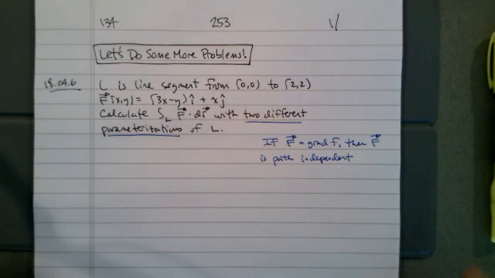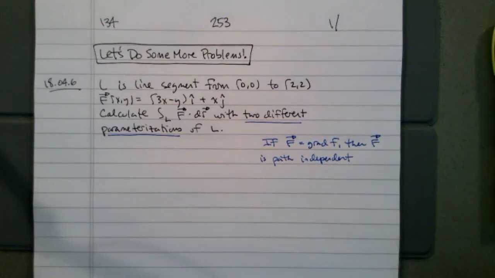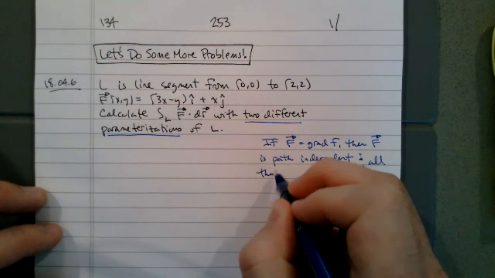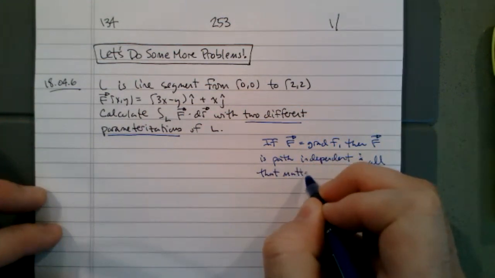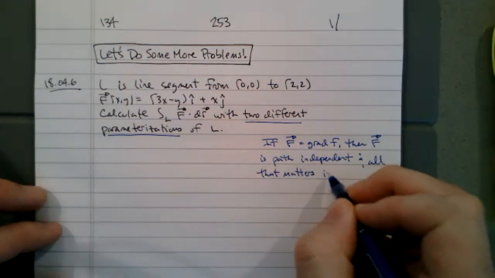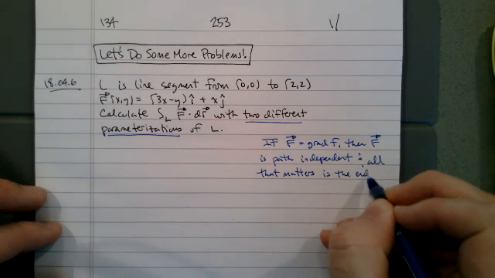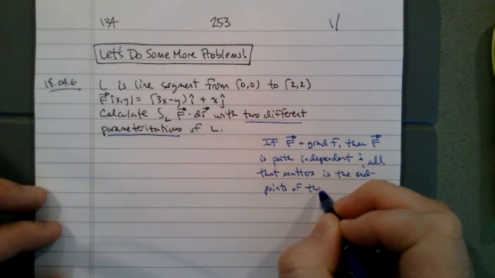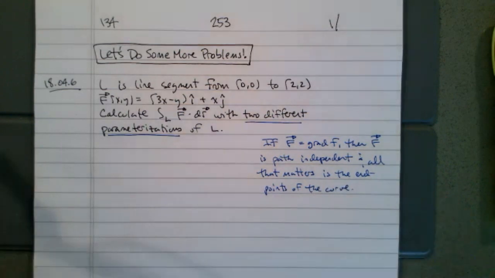If F is a gradient field, then F is path independent, and all that would matter are the endpoints. But if F is not a gradient field, then the path matters.